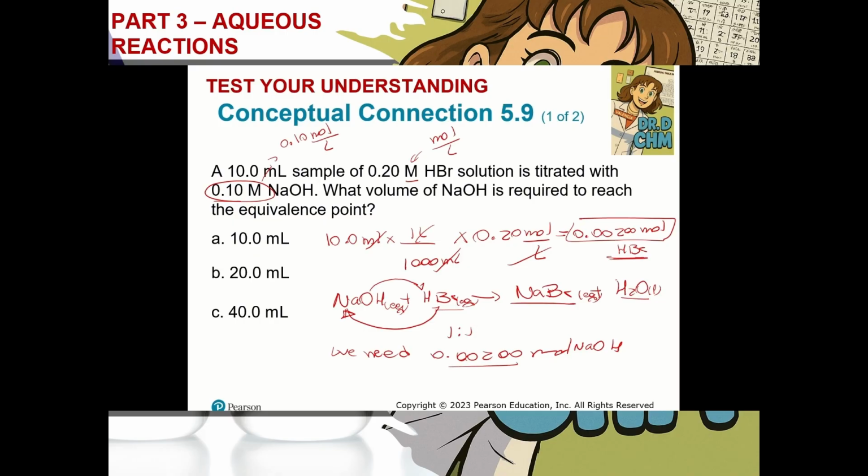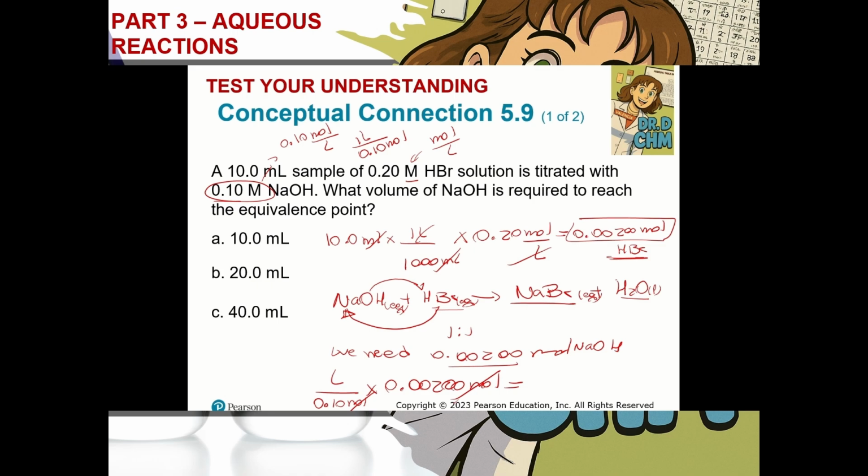If I want a volume, I'm gonna flip this and I'm gonna use 1 liter divided by 0.10 moles. So I will multiply by this. So you're gonna cancel out, and you're gonna have the volume.